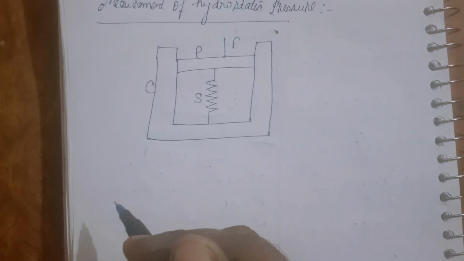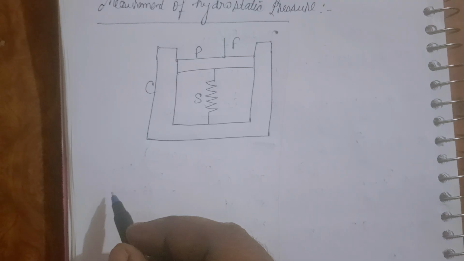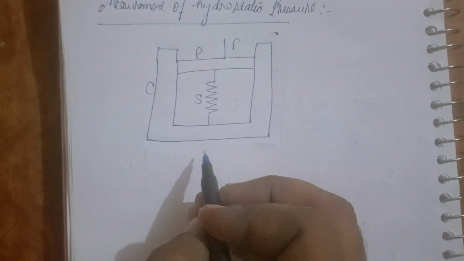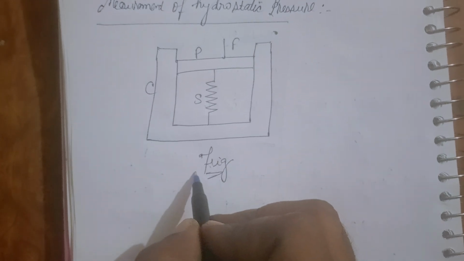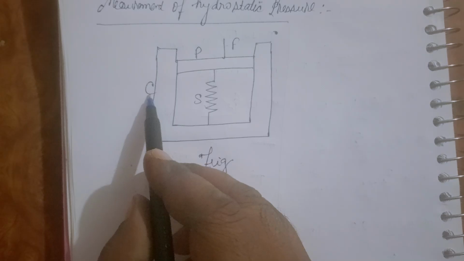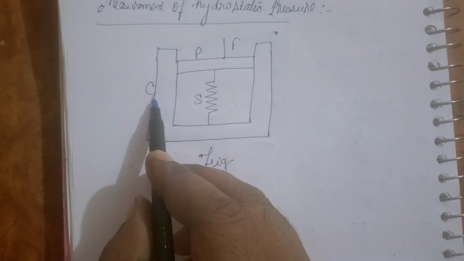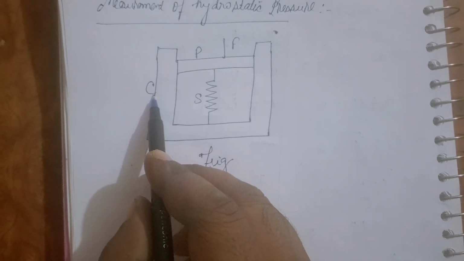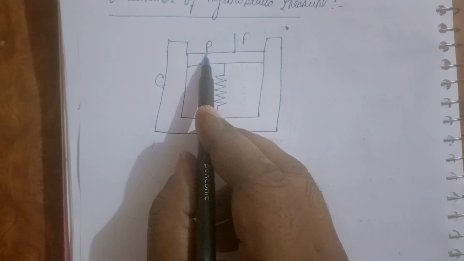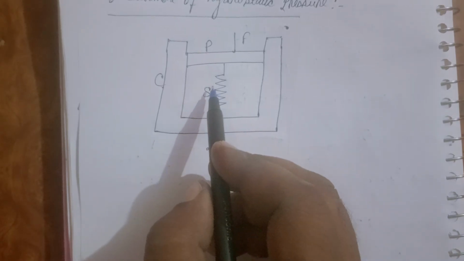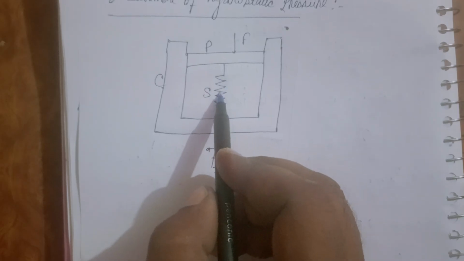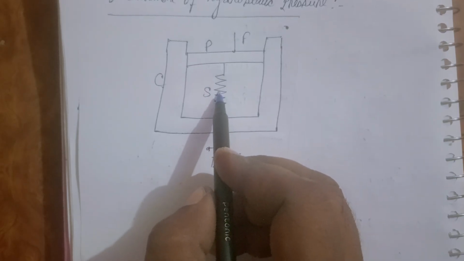A sample device used to measure the hydrostatic pressure is shown in figure. Here C is an evacuated cylindrical chamber of a matter having an airtight frictionless piston P, which can slide inside the chamber C. S is a metallic spring of known spring constant.